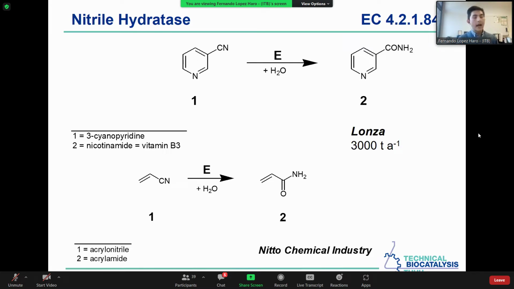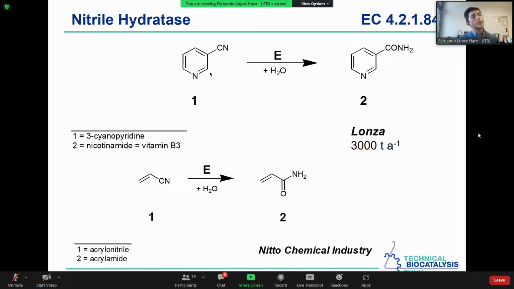More about nitrile hydratases. Here we are working on 3-cyanopyridine for the production of vitamin B3. This is done by the company Lonza in Switzerland, and it is a very simple but very effective way of reaching this high value product.